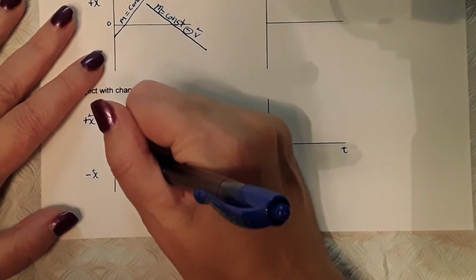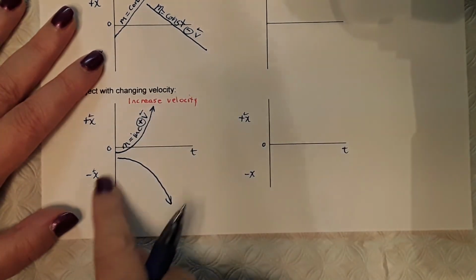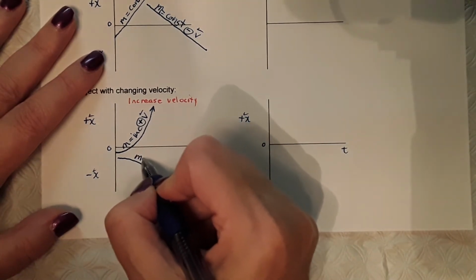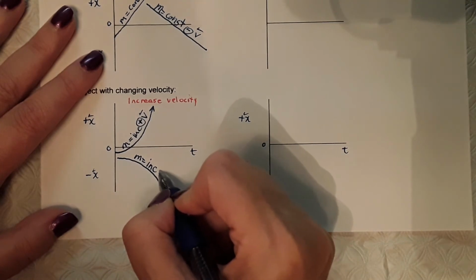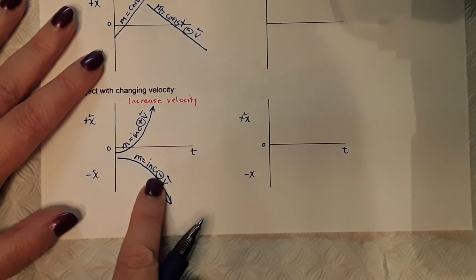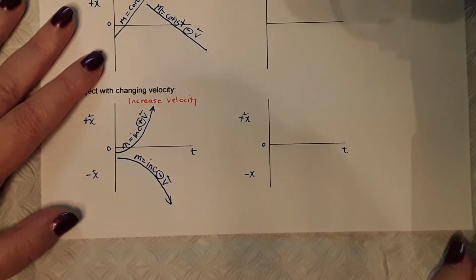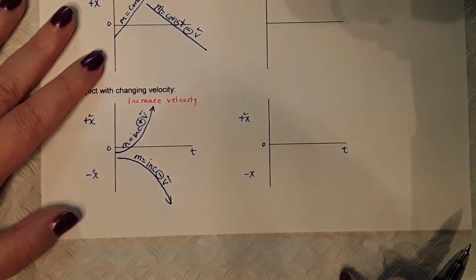So that might look something like this. It's going from flatter to more vertical. So here you have a slope that represents increasing velocity in the negative direction, increasing negatively directed velocity. Okay? So both of these show increasing velocity in two different directions.